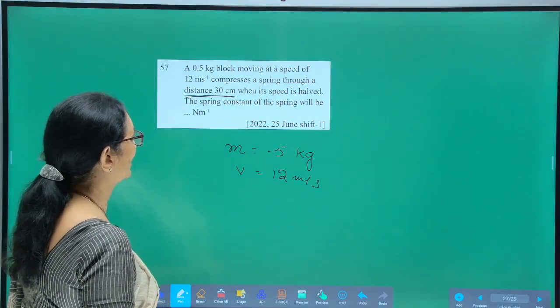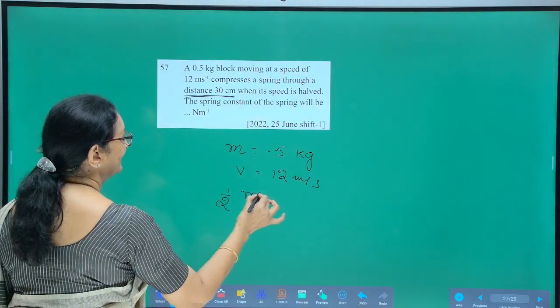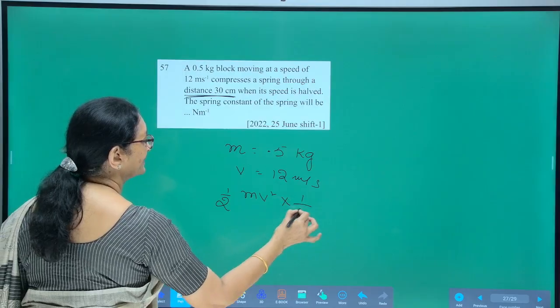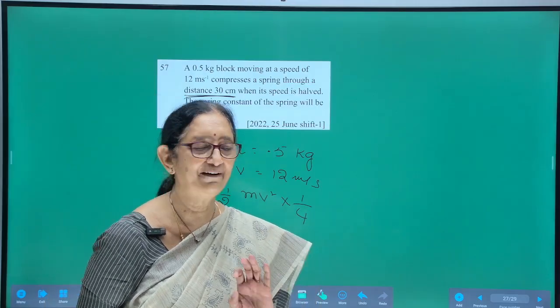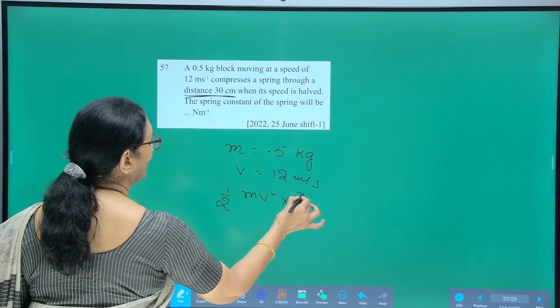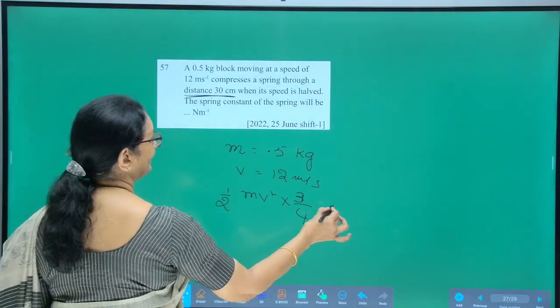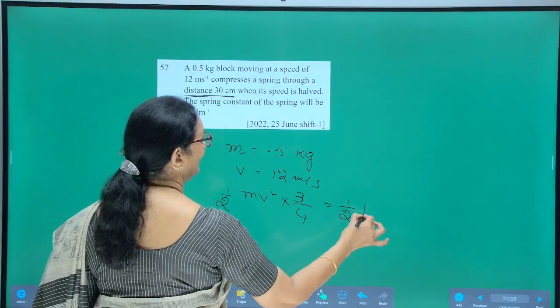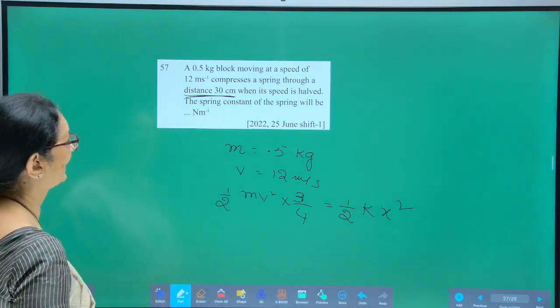Find the spring constant of the spring. When its speed is halved, its kinetic energy becomes 1/4. Then the lost kinetic energy becomes 3/4. And that lost kinetic energy is converted into the potential energy of the spring.